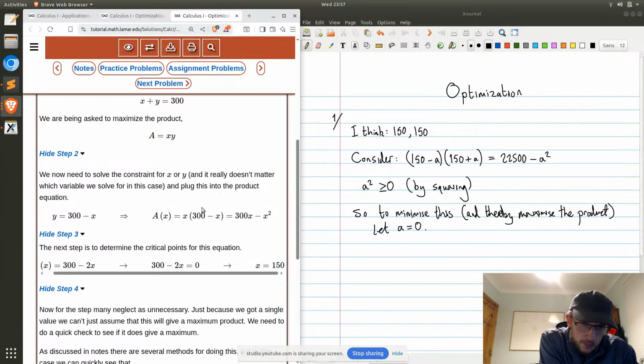Okay. There's my function, which determines the product, the thing that I am trying to maximize. Now, I'm going to differentiate it and find the critical points. But why? The critical points are where the derivative is equal to 0 or is undefined.